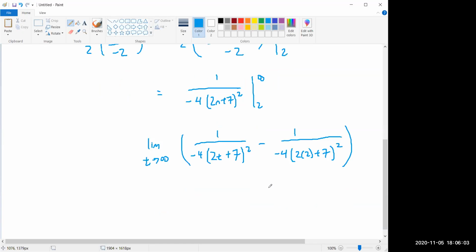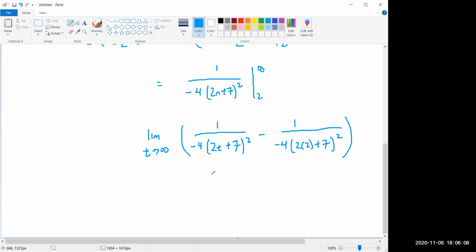Okay. So is this convergent or divergent? Can we tell yet? Yeah, convergent. Because the first term goes to 0, because the denominator goes to infinity.